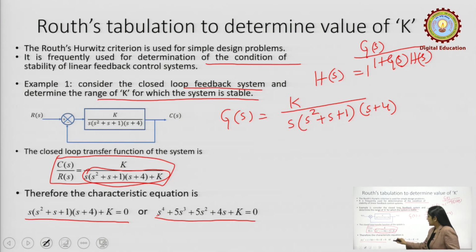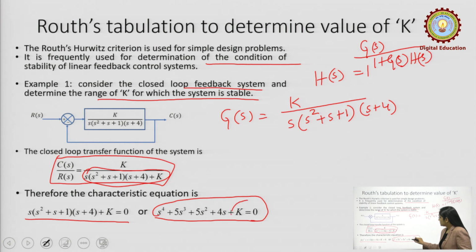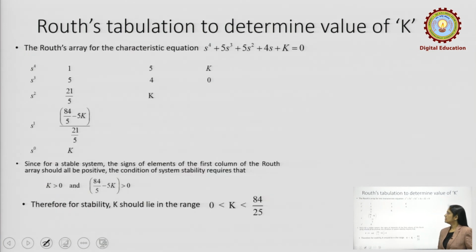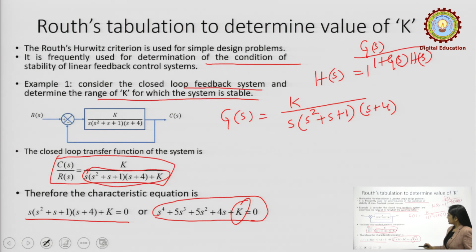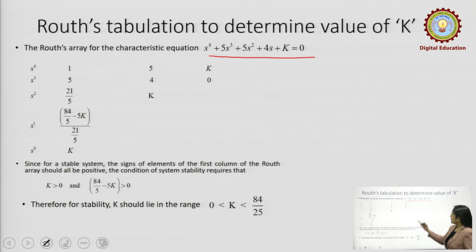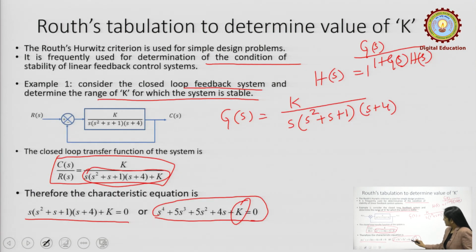So, we are going to apply the Routh Hurwitz criterion to determine the range of k for the system to remain stable. The Routh array is formed for the given characteristic equation s raised to 4 plus 5 s cube plus 5 s square plus 4 s plus k.